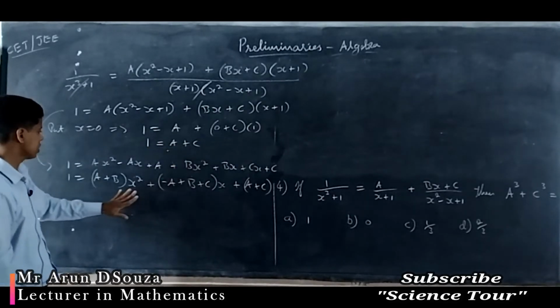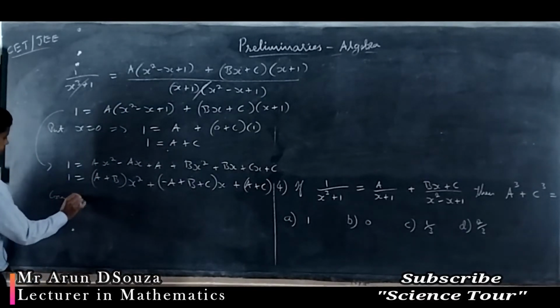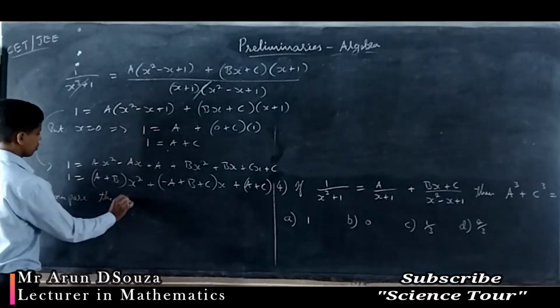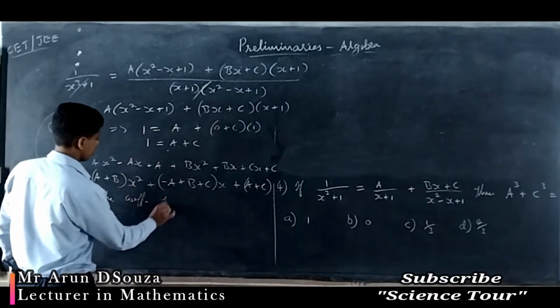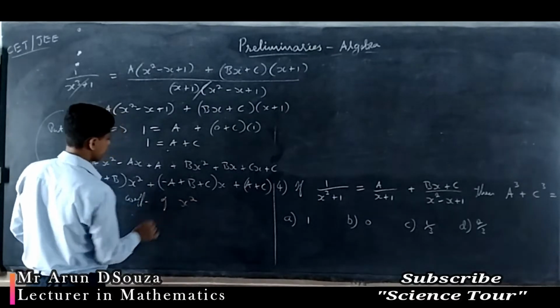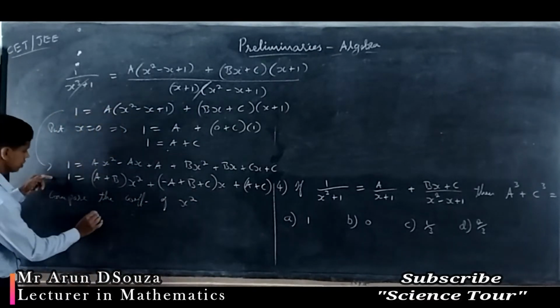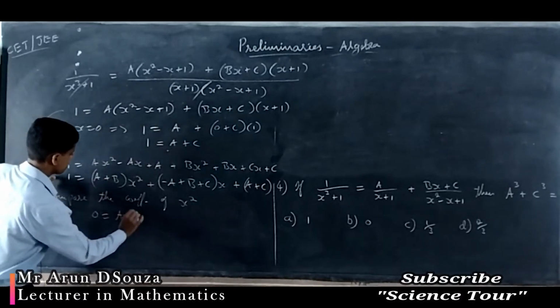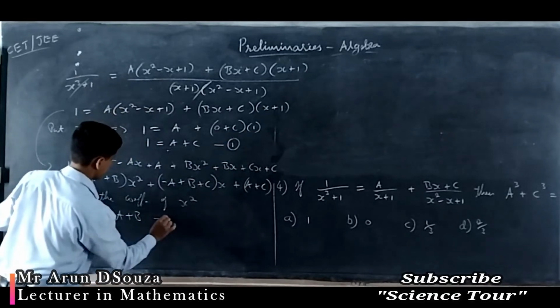Okay, so second equation that I will get is when I compare the coefficients of x square. See, when I compare the coefficients of x square, what do I get? See, x square is not there, therefore it is 0, and this is a plus b here, that is the second equation.